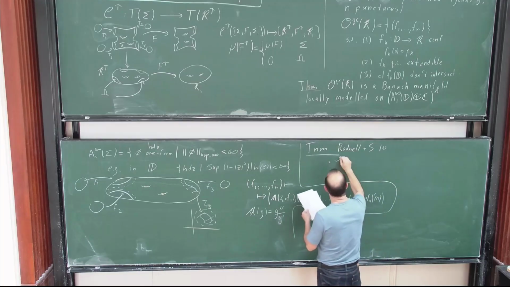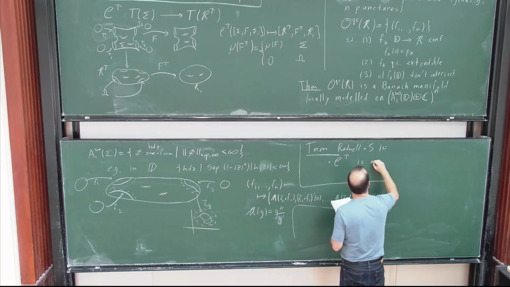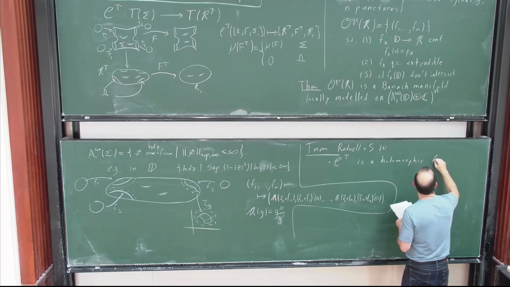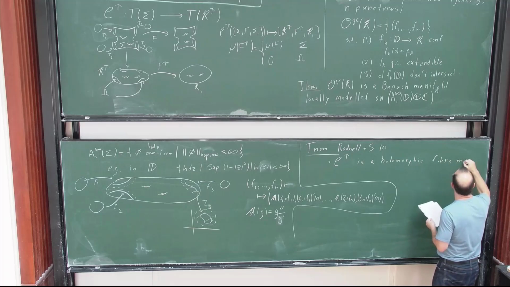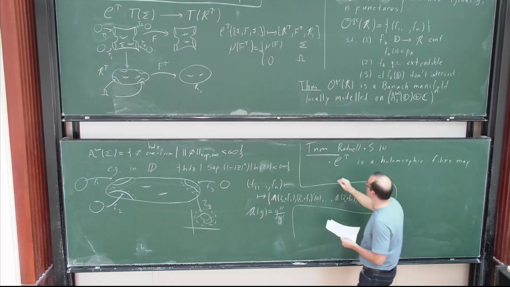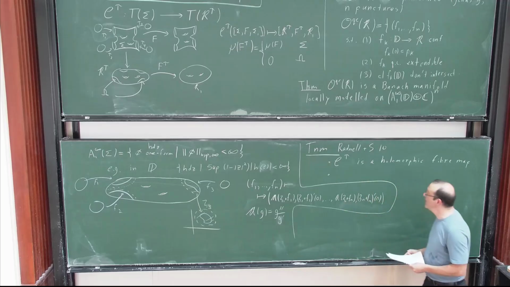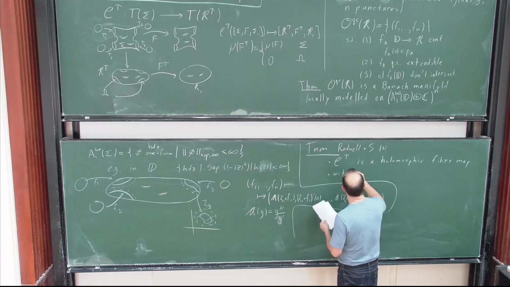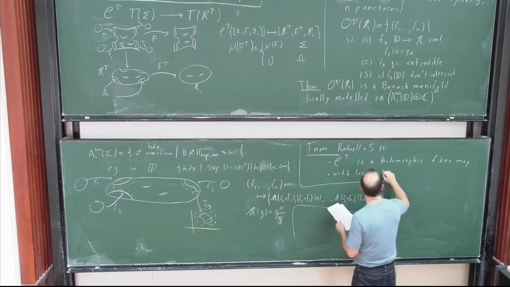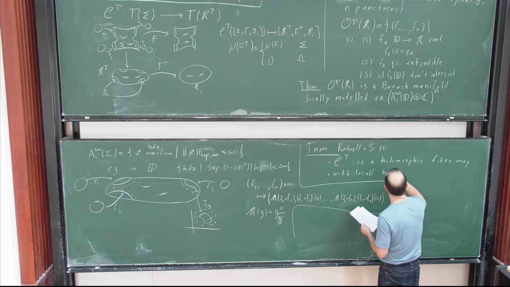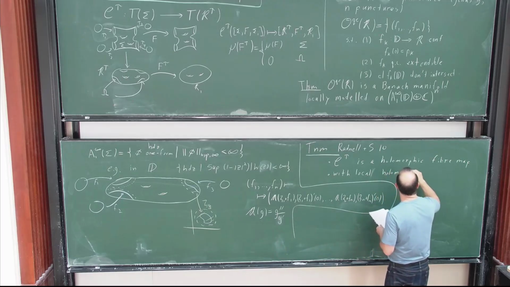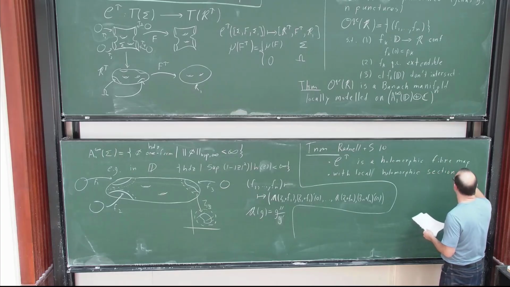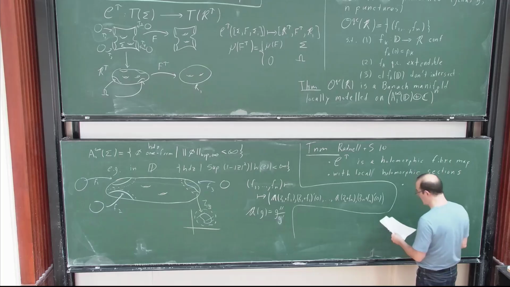So first of all, C tau is a holomorphic fiber map. And it's a little stronger than that. It's a holomorphic map, and it has local holomorphic sections. Equivalently, it's a submersion. So that means you really have that this is somehow a submanifold.